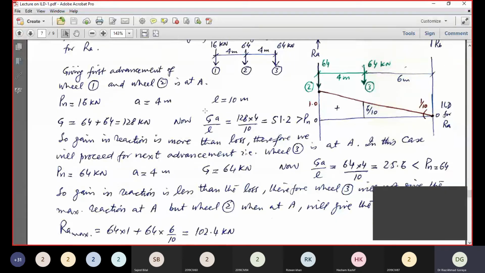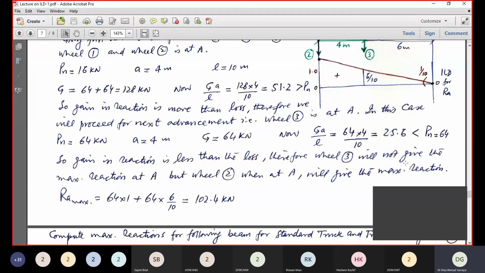Now GA over L is 64 into 4 divided by 10, that is 25.6, which is less than the Pn. Pn is 64. It means this wheel will not give the maximum value of the reaction.